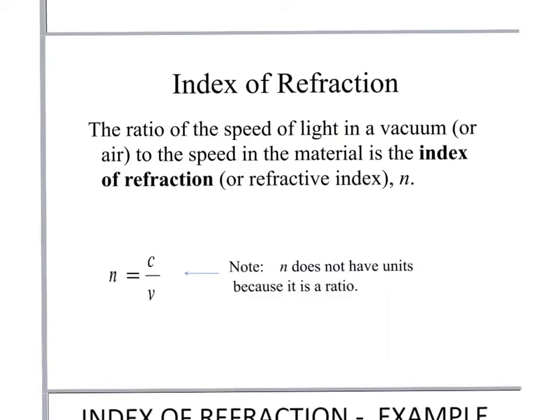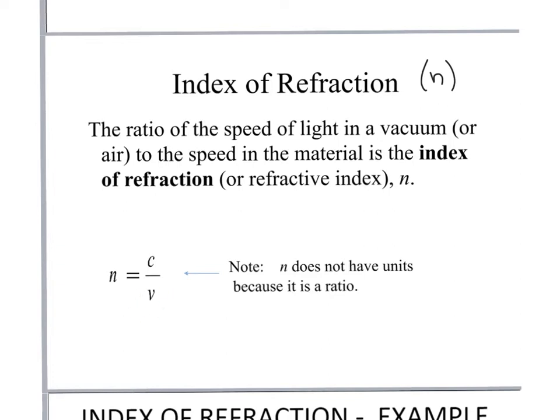There's something called the index of refraction. We use the symbol n to represent the index of refraction. Now the index of refraction is basically a ratio of the speed that light moves through a particular medium, whether it's glass, diamond, air, water, it doesn't matter what, over the speed at which light will move through a vacuum.